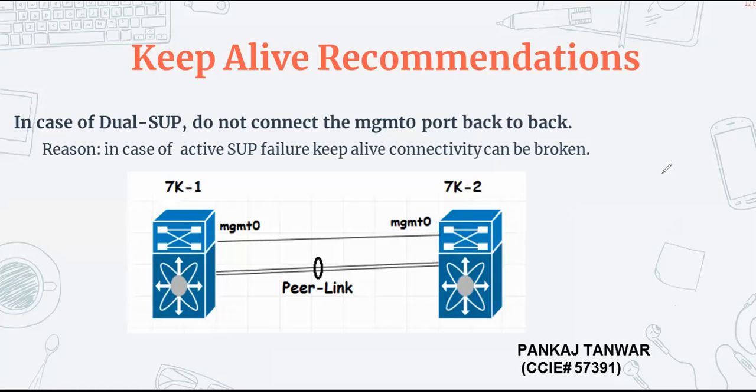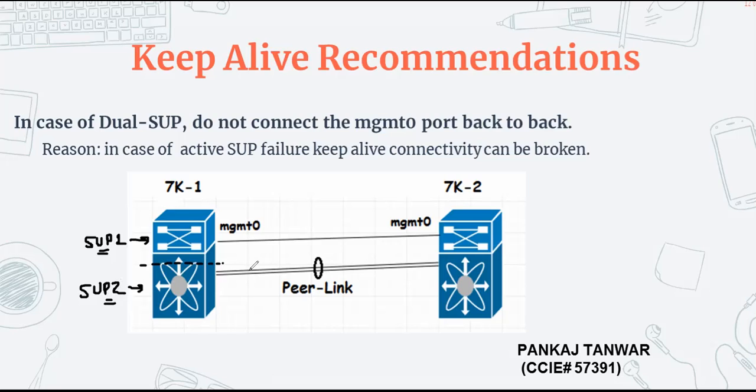Okay, so there are some recommendations for the VPC peer keep alive link. If you're using dual-SUP, it is recommended that we do not connect the management zero interface back to back. Let's say this is N7K1 and we have the dual-SUP engine. This is SUP 1 and this is SUP 2.